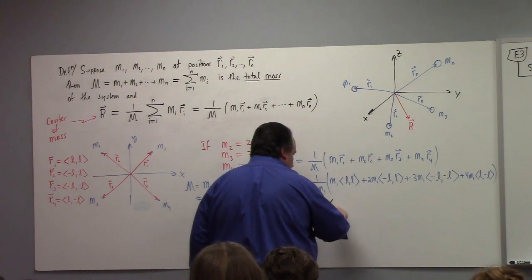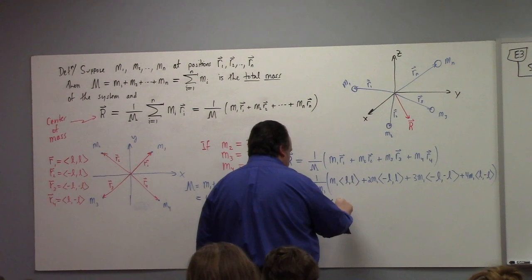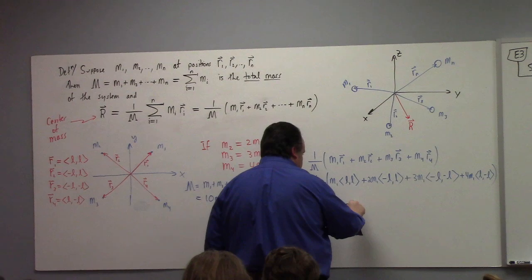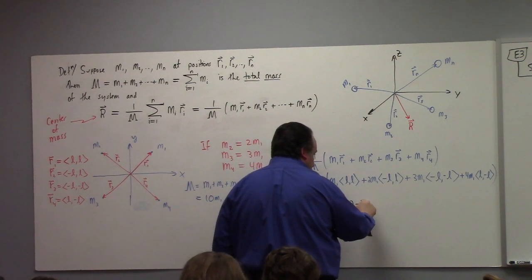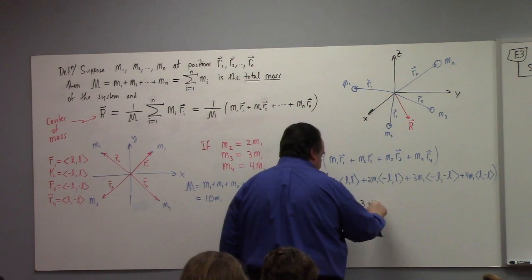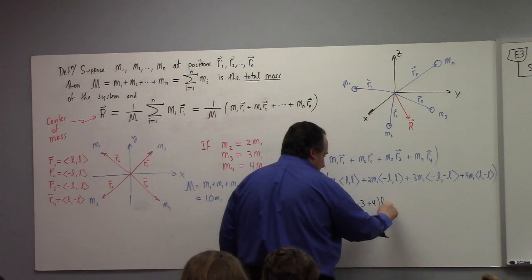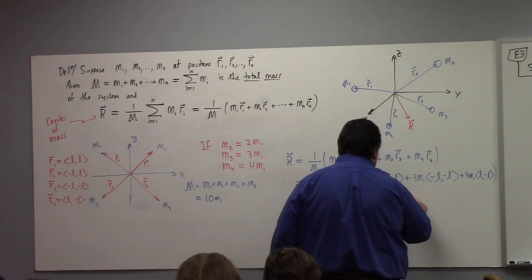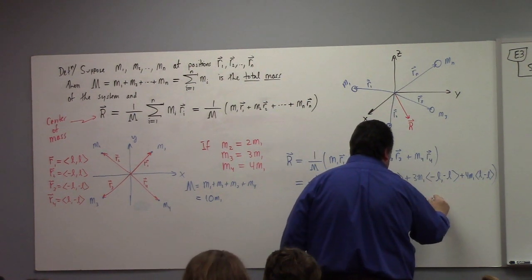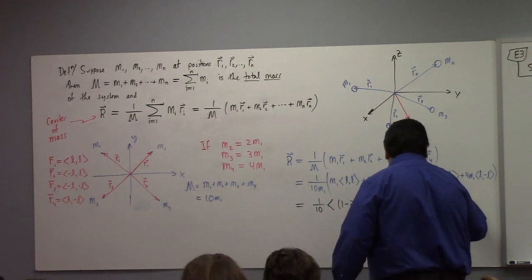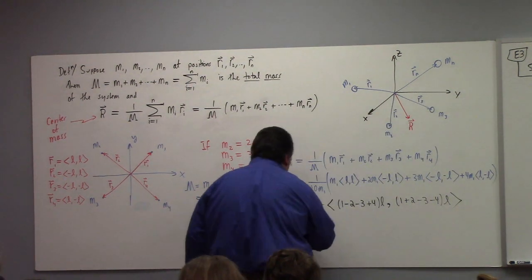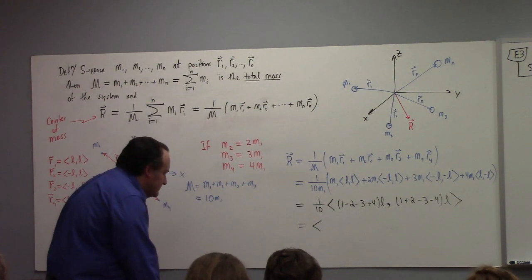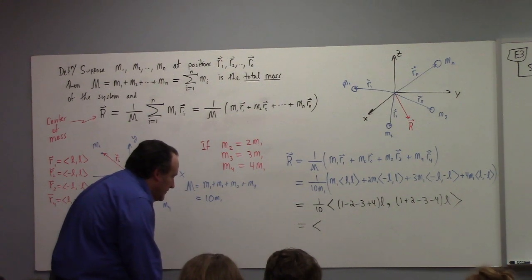of, let's see here. I'm going to factor out the L. I've got (1 minus 2 minus 3 plus 4) times L, comma, (1 plus 2 minus 3 minus 4) times L, which works out to, is that 0?